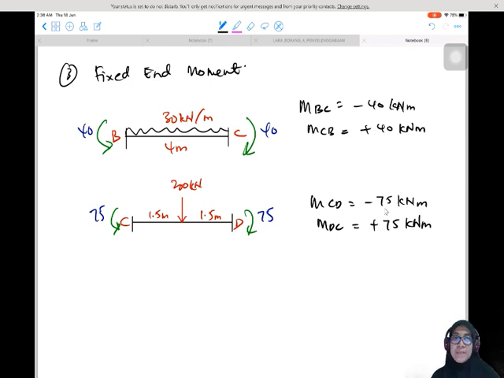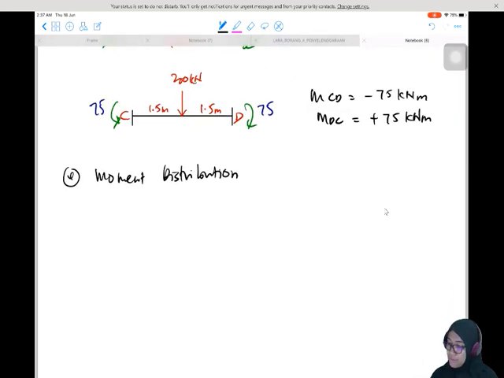Okay, so we settle the third part, which is called the fixed end moment. The next step is the moment distribution. We will distribute the moment in table form.